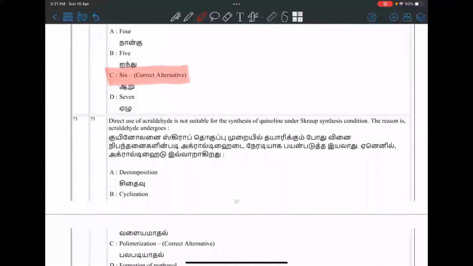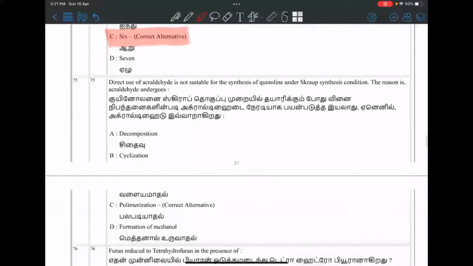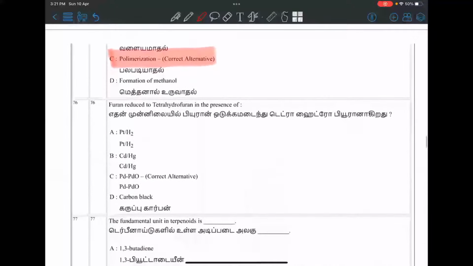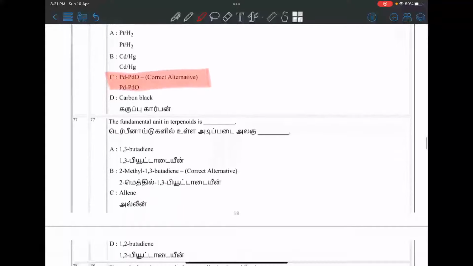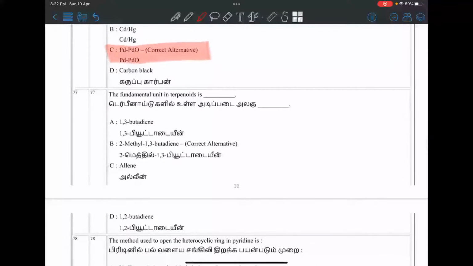Direct use of acrylate is not suitable for the synthesis of quinoline under Skraup synthesis condition. The reason is polymerization. Furan is reduced to tetrahydrofuran in the presence of palladium, PdO. Fundamental unit in terpenoid is 2-methyl 1,3-butadiene.